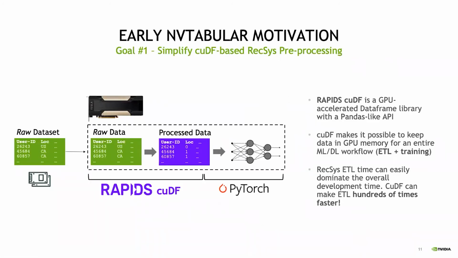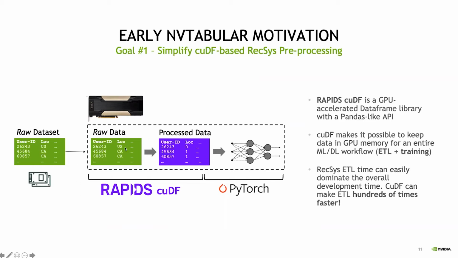The early days of NVTabular was really motivated by one thing in particular, and that was cuDF. Rapids cuDF, if you're not familiar with it, you can think of it just as a GPU accelerated version of pandas. You can more or less replace pd with cuDF, and most of it will behave as you'd expect, but everything will be accelerated by GPUs. cuDF makes it possible to keep your data on the GPU for the entire lifetime of a deep learning pipeline.